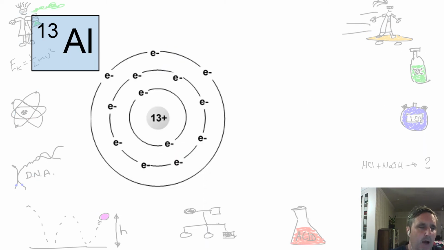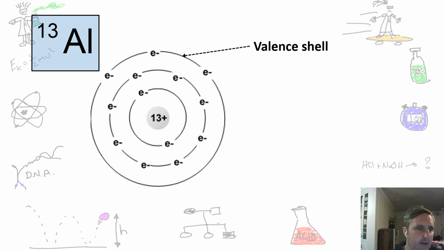This is how we might see a representation if we were doing NCEA Science. So again, the nucleus in the middle, we put 13 plus, and the electrons are represented by an E with a negative next to it, because they are negative. The outside shell, as I said in the last slide, is called the valence shell.